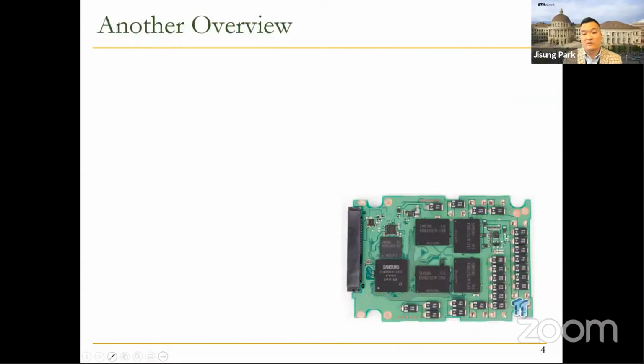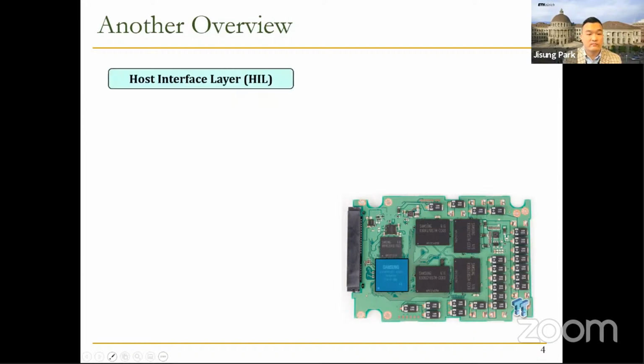Let me show you another organizational overview of modern SSDs that you can easily see in the literature. We can classify the components in the SSD controller into 3 major modules. The first one is the host interface layer, HIL in short, which is responsible for the communication with the host system.